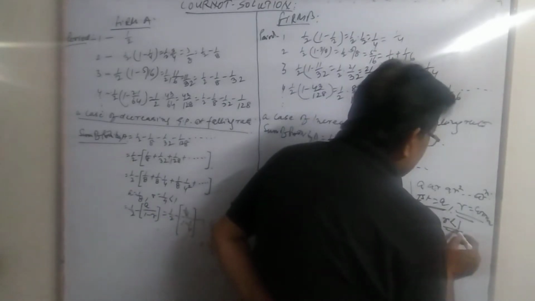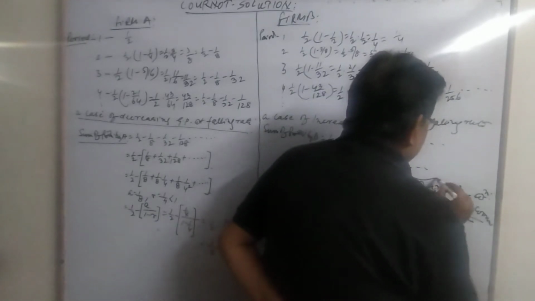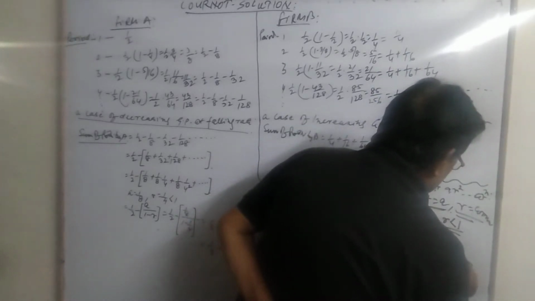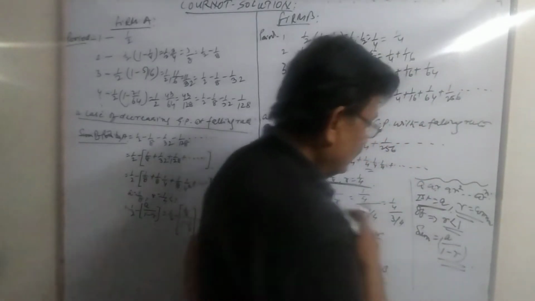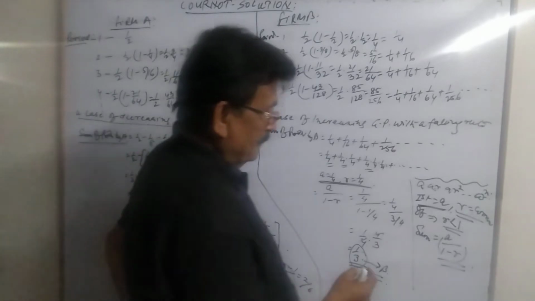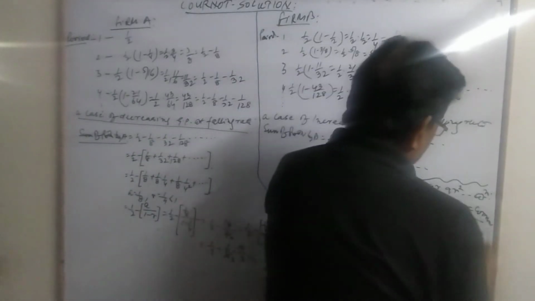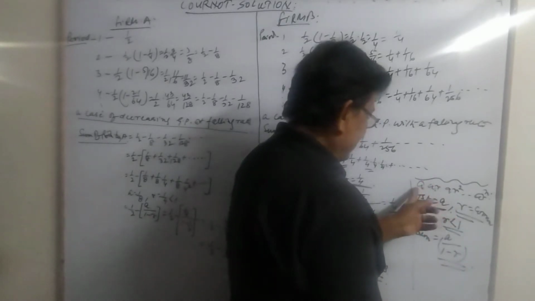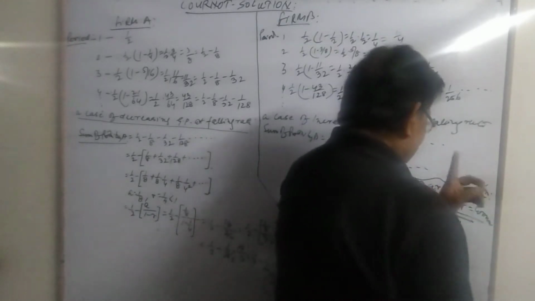If R is less than 1, then the summation of the series is A by 1 minus R. This formula will be used here. This is the sum of a GP series, where A is the first term and R is the common ratio.